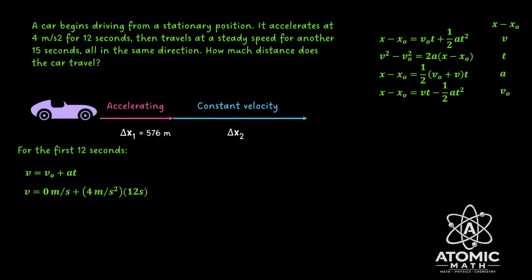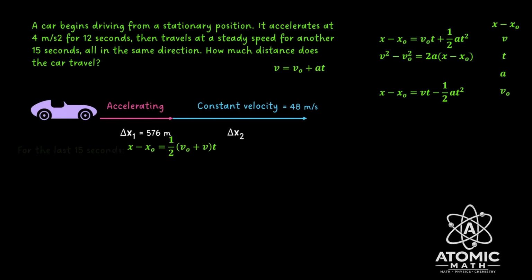We started at 0 meters per second, but then we accelerated at 4 meters per second squared for 12 seconds. So that means that we must have reached a velocity of 48 meters per second by the time we stopped accelerating, which of course means that our constant velocity will be 48 meters per second throughout the whole second part of our trip.